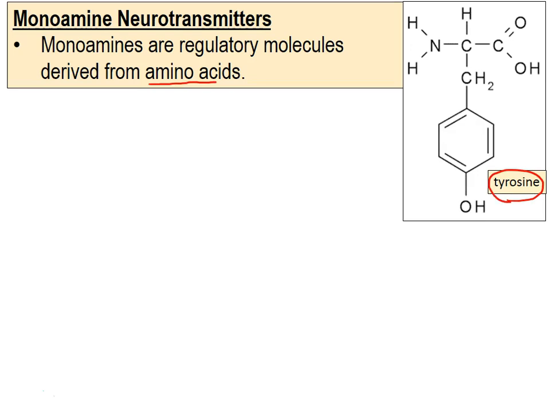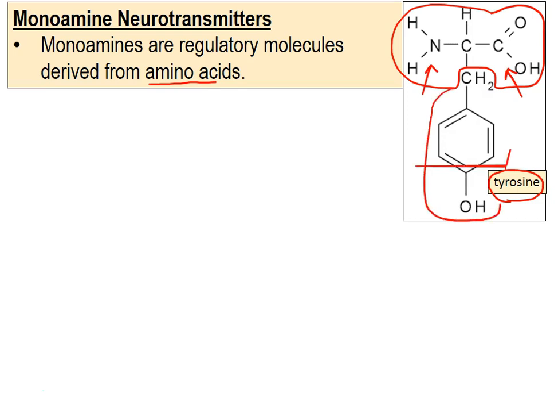And so the general structure of an amino acid, if I could circle this here. Okay, so you have the amine, and you have amino, and you have the acid. And then you have this group down here, which is called the R group.